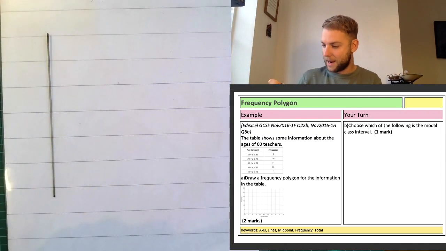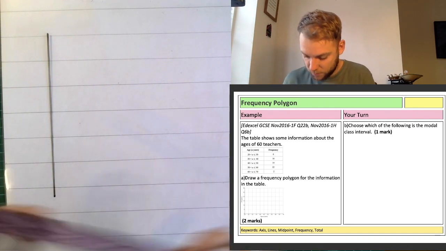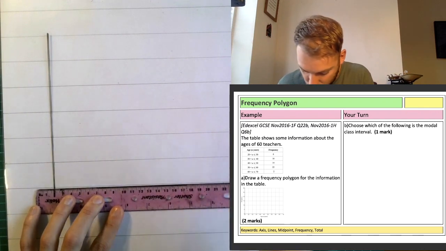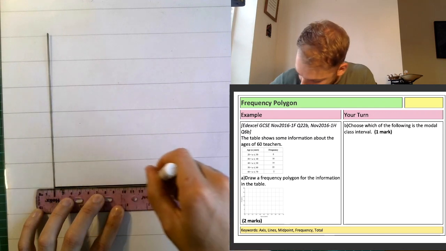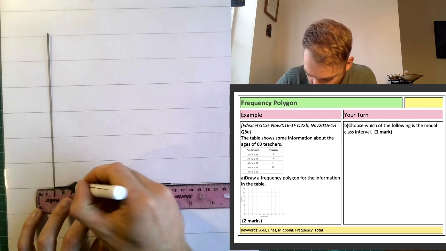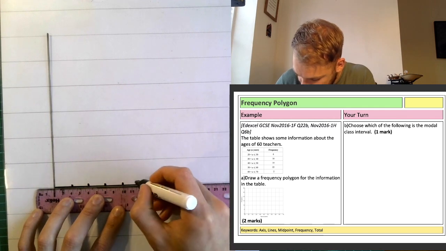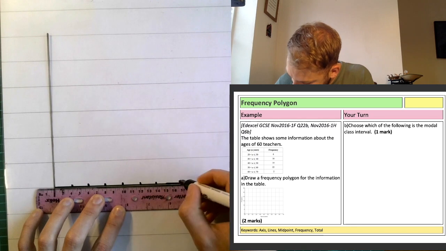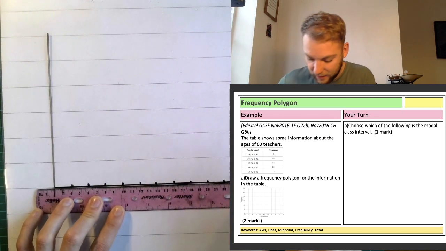Across by 10. So can I get my inches across? No, I can't. So I'm going to have to use the centimetres. Maybe let's use 2 centimetres for every one. So, all the way across, 1, 2, 3, 4, all the even numbers, 5, 6, 7, 8, 9, 10 there, like so.